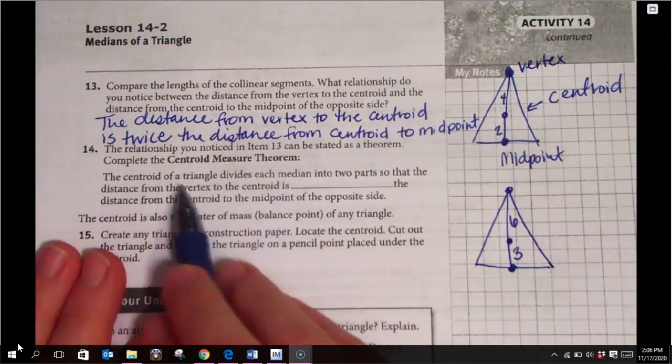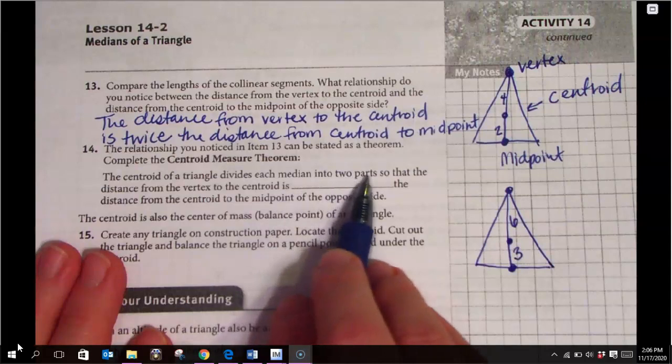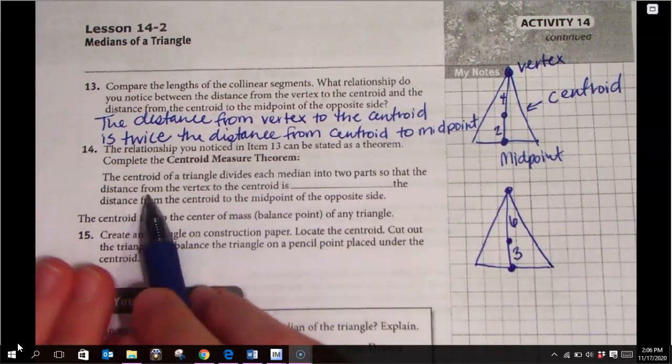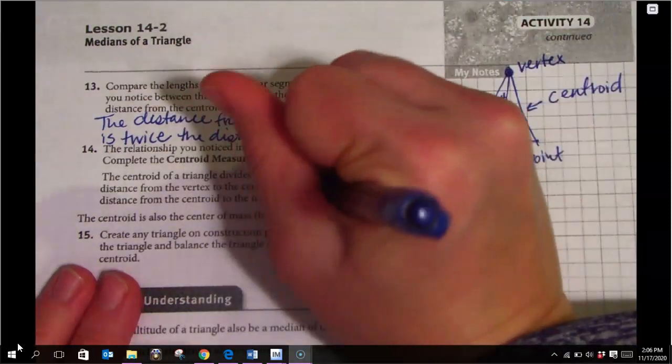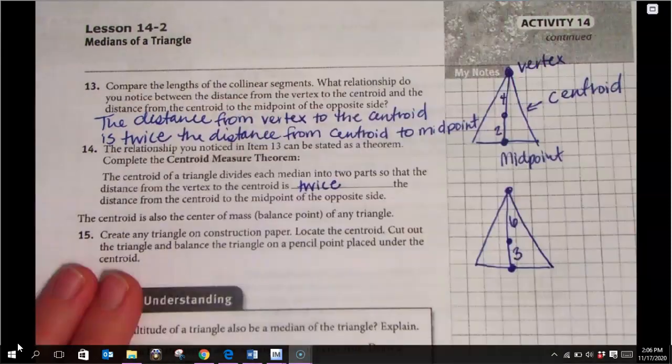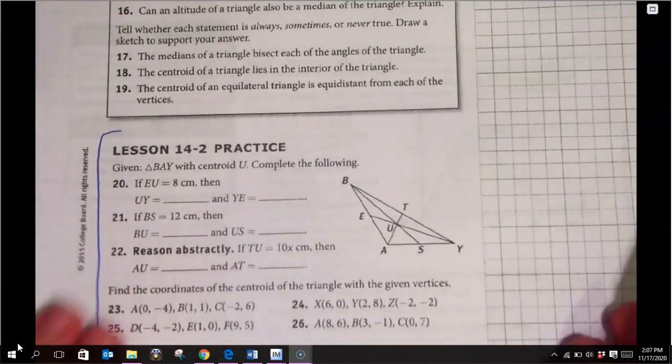It says the centroid of a triangle divides each median into 2 parts so that the distance from the vertex to the centroid is twice the distance from the centroid to the midpoint of the opposite side.